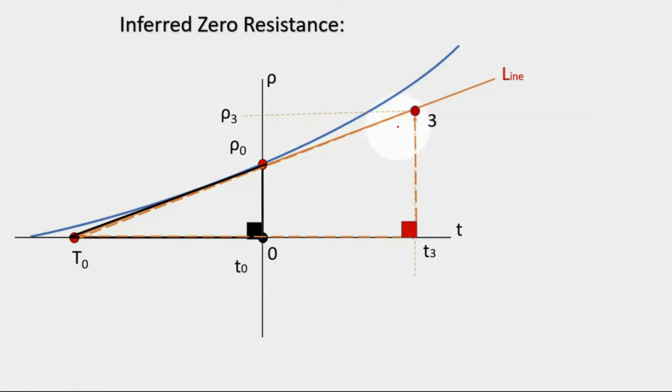And writing this relationship, I will use resistance instead of rho or resistivity, because we know that resistance is directly proportional to the resistivity. So instead of writing resistivity, I will write R. Now, the side of this big right triangle is to the side of this small right triangle.